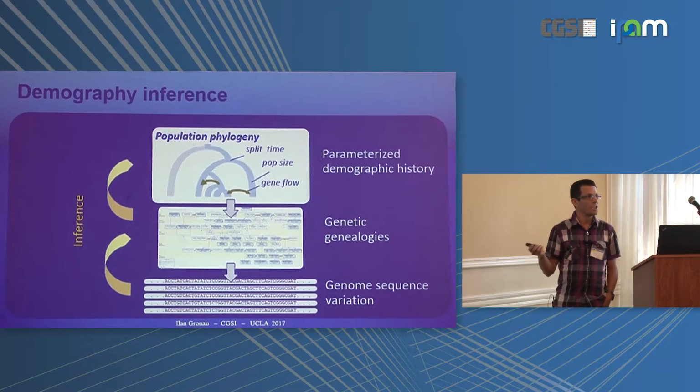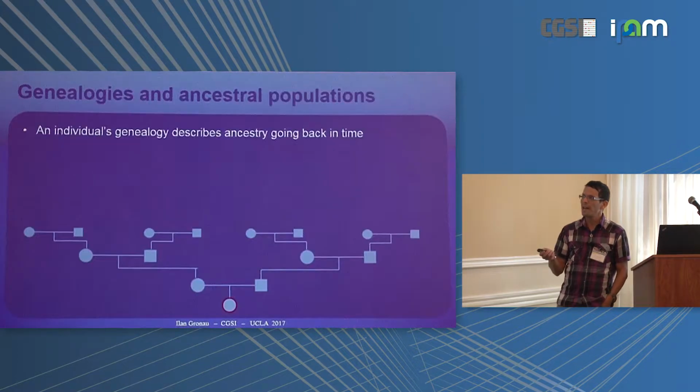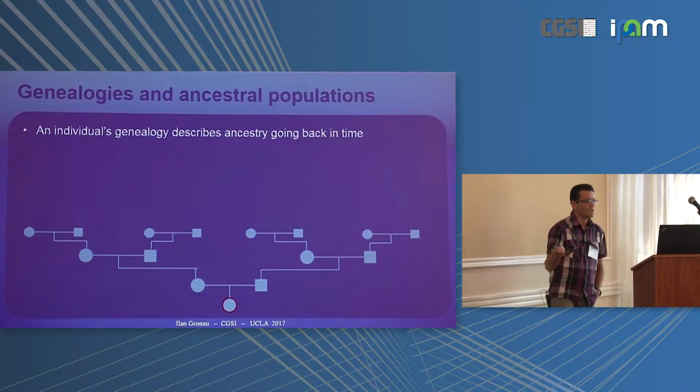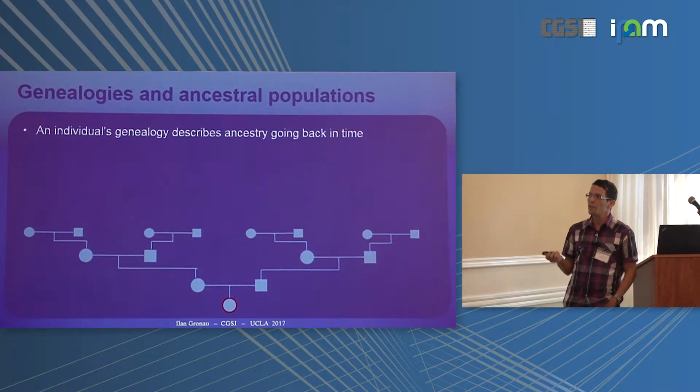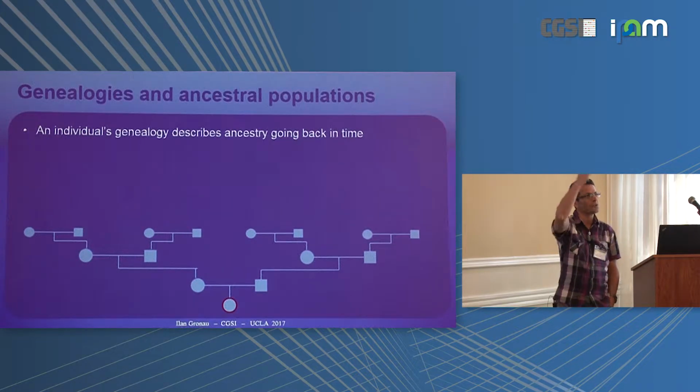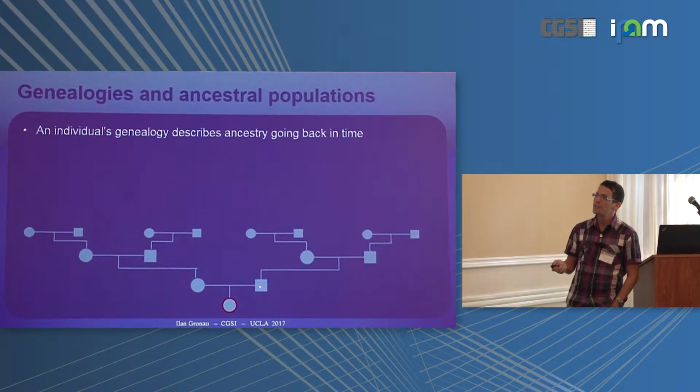So what is a genetic genealogy? In order to understand that, we first have to understand what a genealogy looks like. A genealogy is pretty much what you would think it is. If you have a focal individual here, say an individual for which you have a genome sequence, then you can think of this individual's ancestry going back in time as this tree.